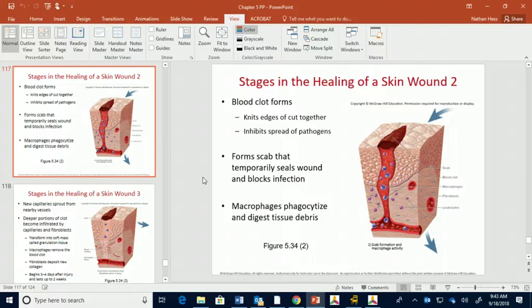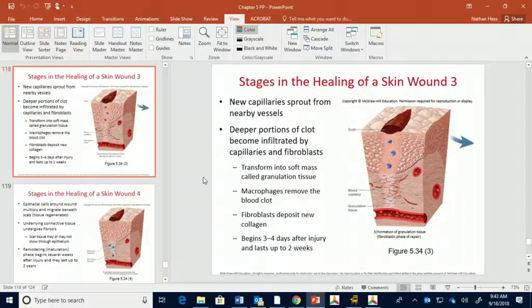When that blood clot forms, there's also a little scab on top that seals the wound and helps prevent infection. And then macrophages start going to work, and they digest the broken tissue, the cells that have actually been torn and hurt. We've got new capillaries that come into this tissue, and we start taking that clot and putting in more blood vessels and more fibroblasts.